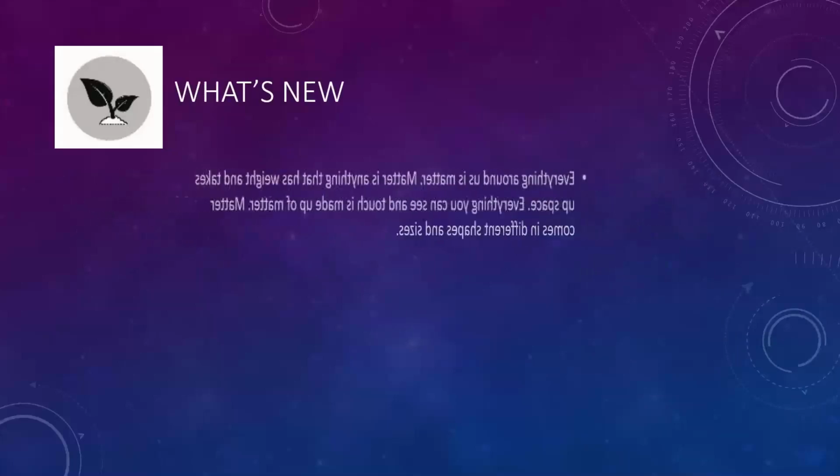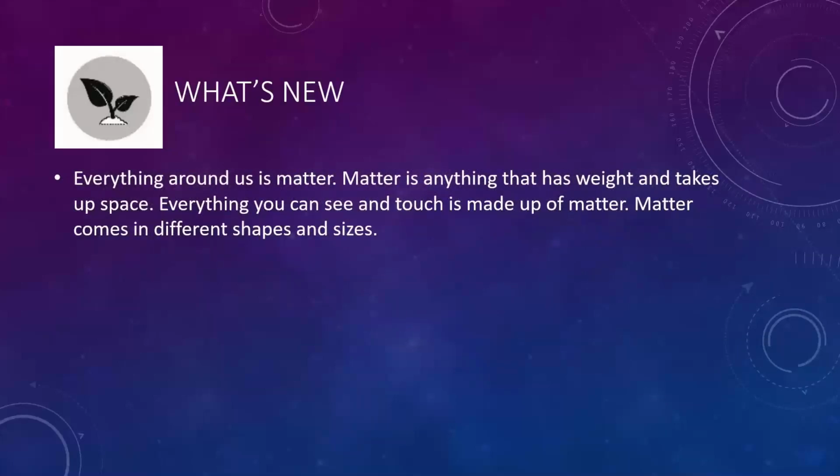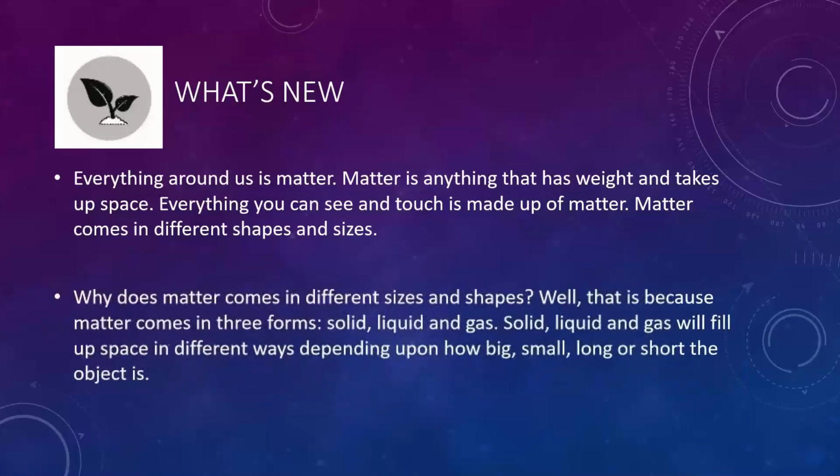What's new? Everything around us is matter. Matter is anything that has weight and takes up space. Everything you can see and touch is made up of matter. Matter comes in different shapes and sizes. Why does matter come in different sizes and shapes?